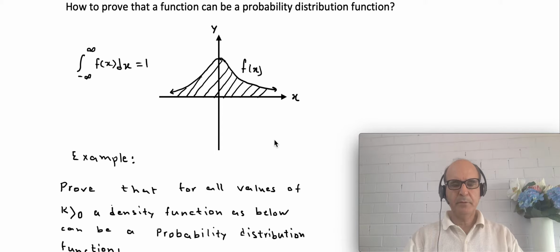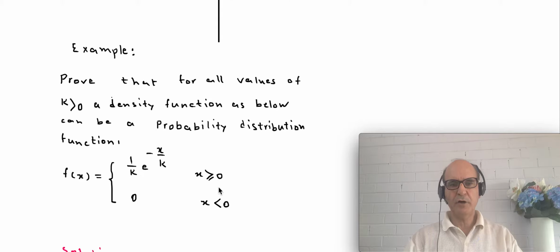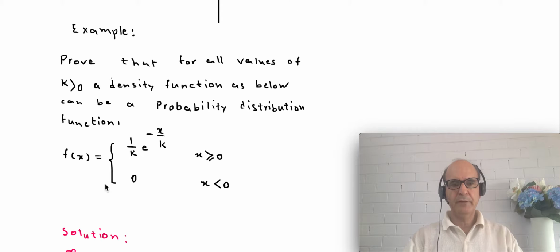As an example, prove that for all values of k greater than 0, a density function as below can be a probability distribution function. So here we have our f of x, which gives the probability for any given value of x.